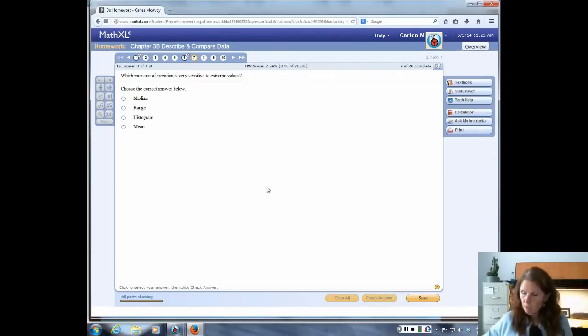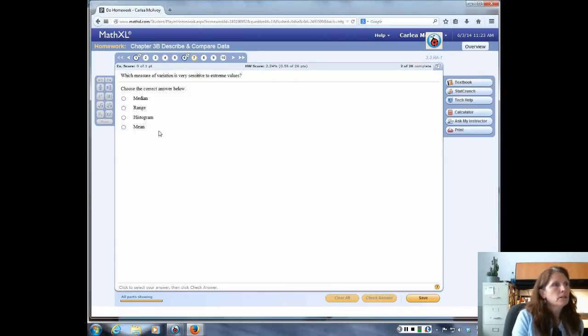Okay. Number 7, which measures of variation are very sensitive to extreme values? Well, a histogram is not even a measure of variation, so forget about that. The range talks about how much the very smallest and largest change.